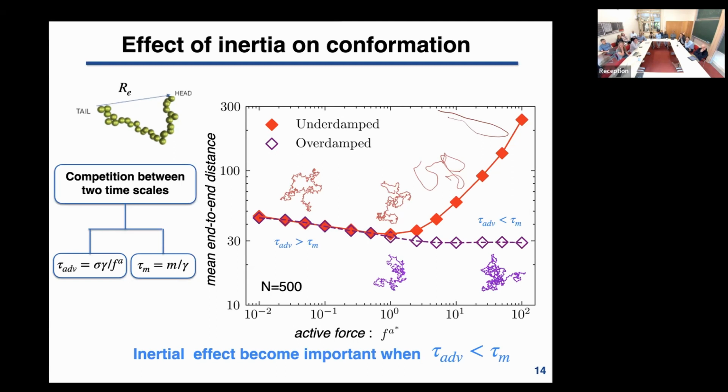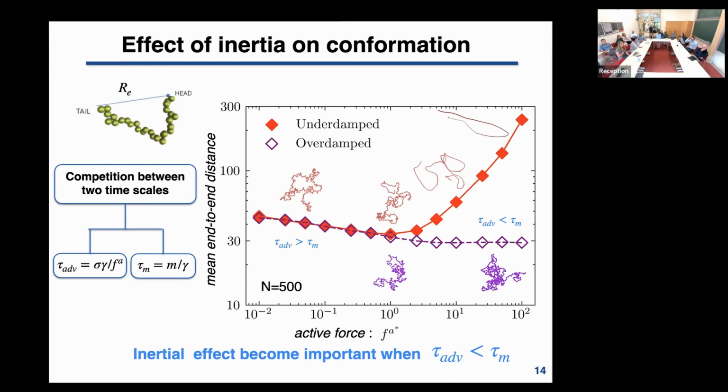Basically the physics is the time scale of advection and the inertia. At high active force the time scale of inertial advection becomes very small. It leads to the opening of the collisions. It quickly opens up the polymer.